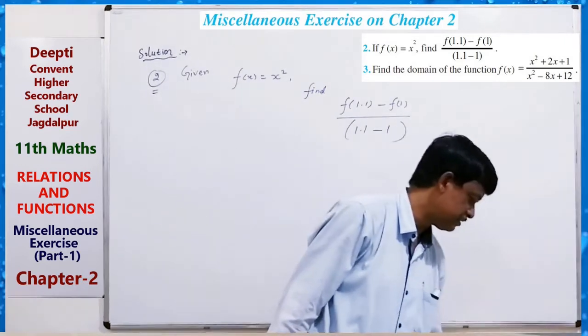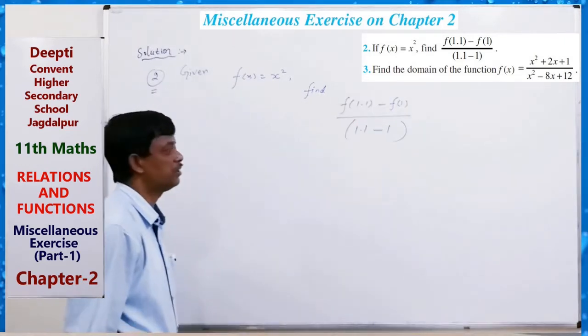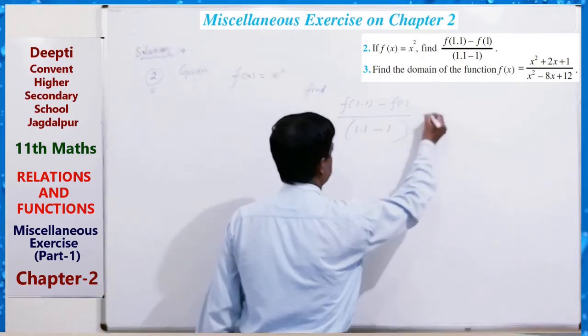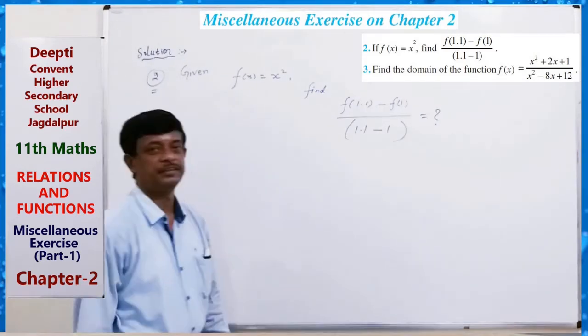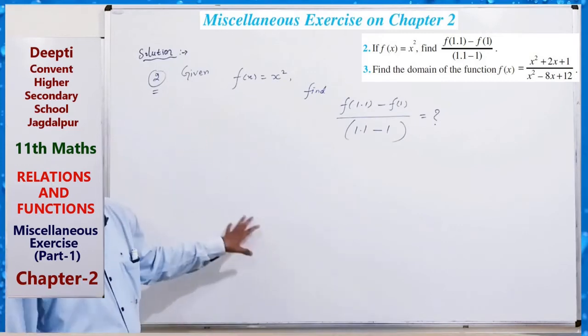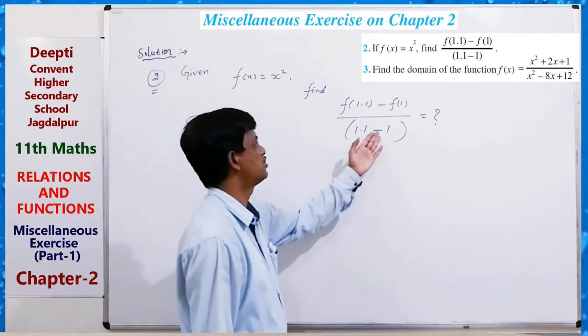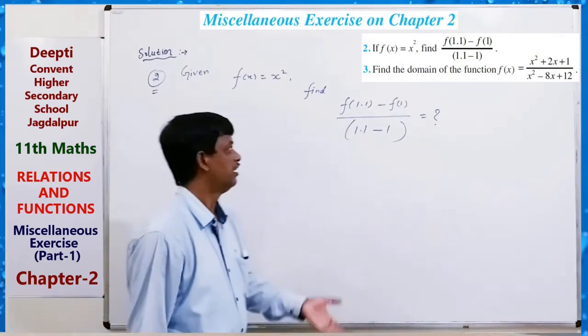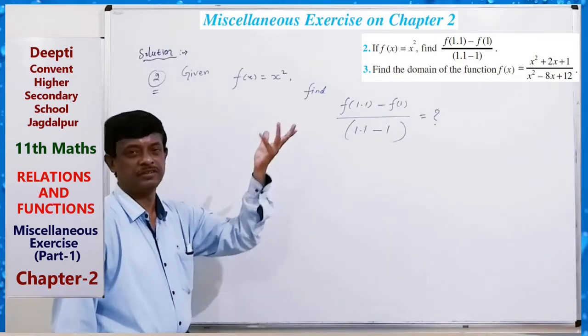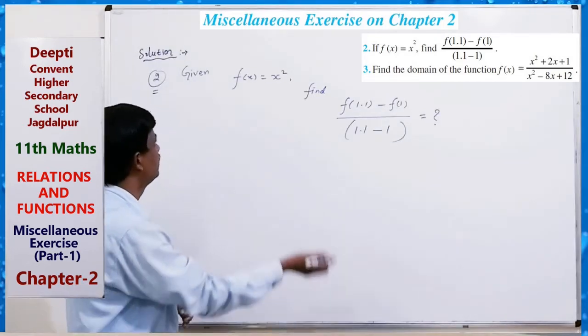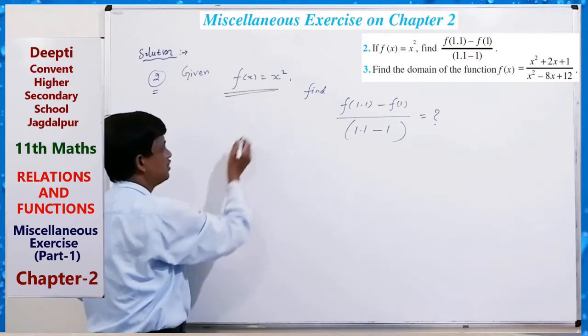Okay, find this. Clear? This we have to find. Very simple. So 1.1 minus 1, and f(1.1) minus f(1). This is different, given the definition.